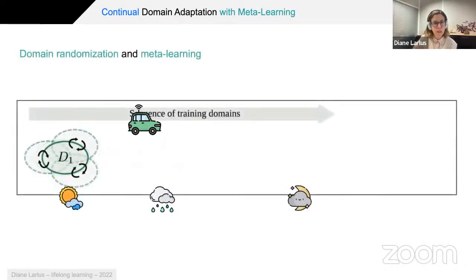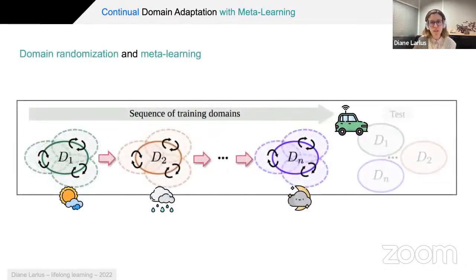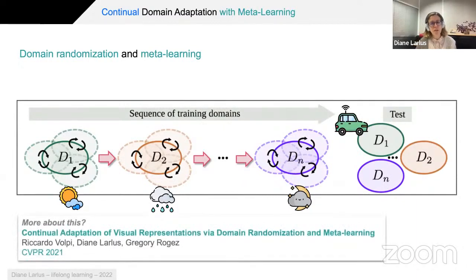So you can just apply it every time a training set is provided in the sequence of training. In other words, every time a domain is encountered. And we experimentally observed on a number of tasks involving classification, but also segmentation, and I will talk about segmentation in a minute, that indeed, by doing this, we can still mitigate the forgetting without storing any past samples for retraining.